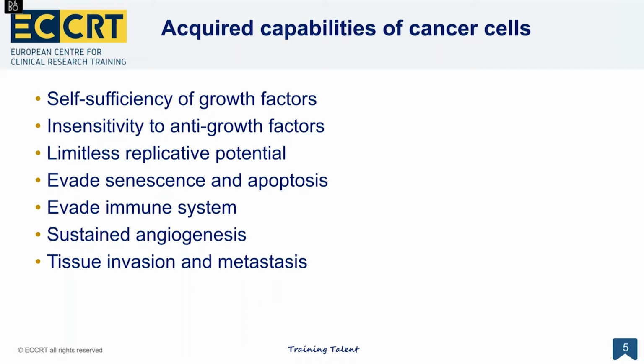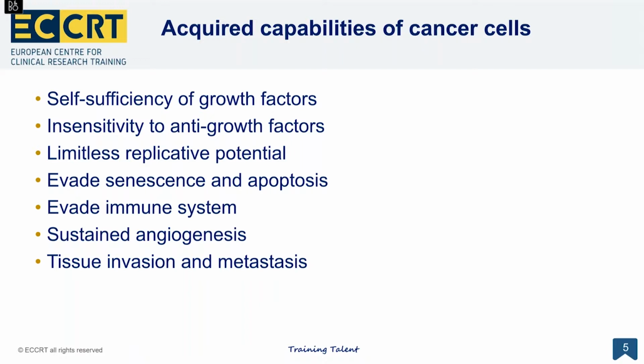Even if our system has anti-growth factors, these cancer cells are insensitive to them. They just deny all these messages, all these anti-growth factors. They can replicate themselves limitlessly, continue to replicate.